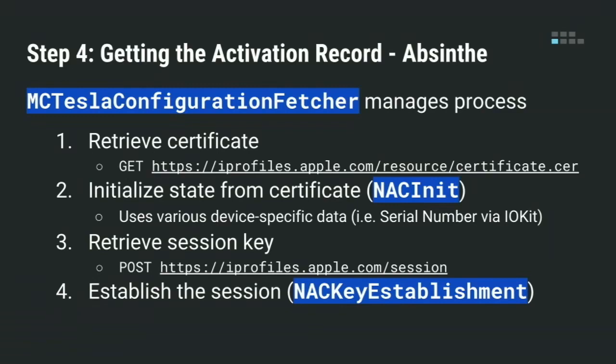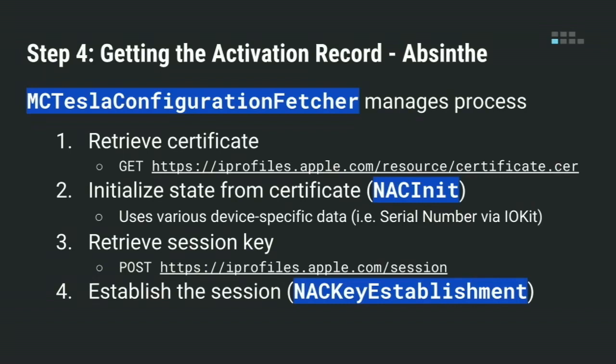So first, it retrieves a certificate. Next, it uses that certificate to initialize the internal state of Absinthe. This is through a function called NAC init. This, interestingly, also uses various device-specific pieces of data, things like the serial number, which it retrieves via IOKit, but also MAC address and others. Now, with that data, once the initialization is complete, it posts that raw data back to Apple via the session endpoint.